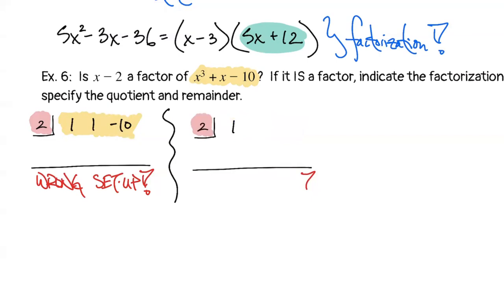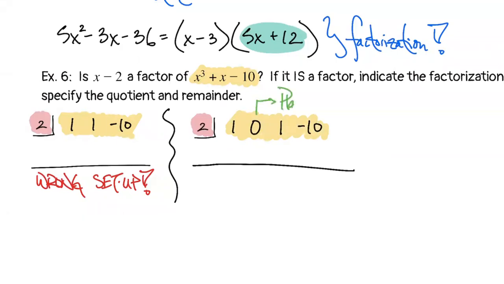So like Ian said in this chat, there's no x squared. So this 1 is for the x cubed. I need a 0 for the no x squared. I need a 1 for the linear, and then the negative 10 for the constant. Right, so that placeholder there is super, super important. We want to make sure that placeholder is there.